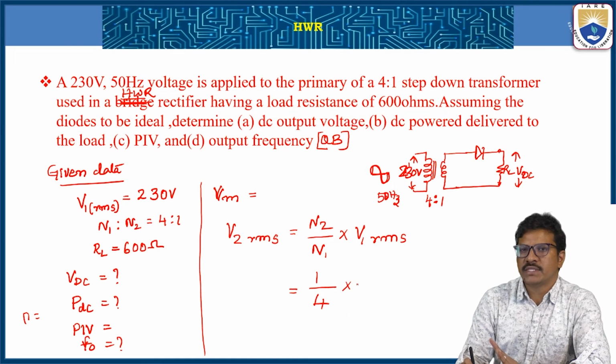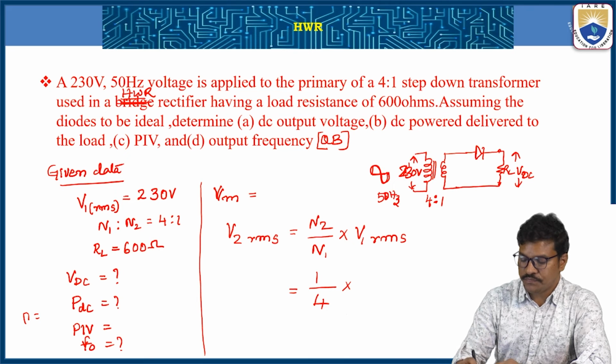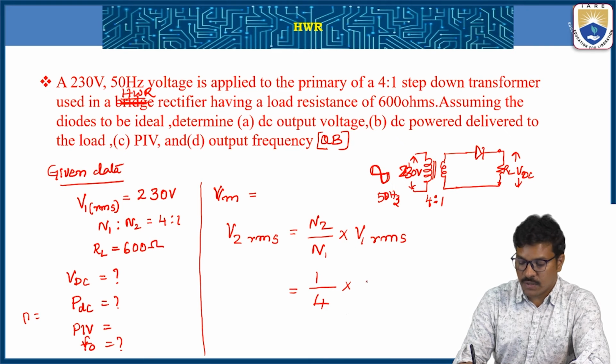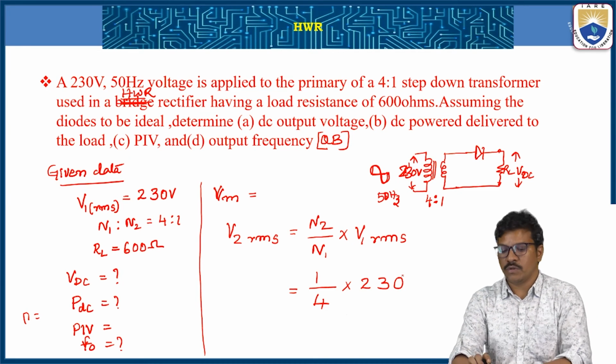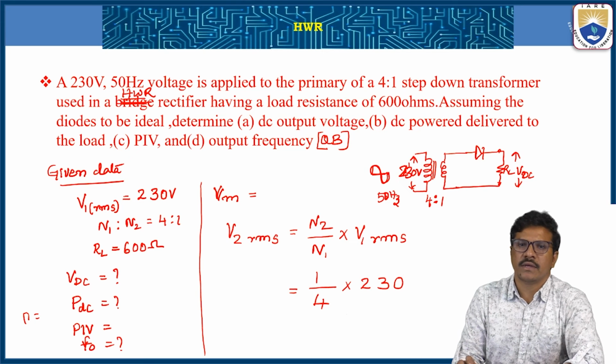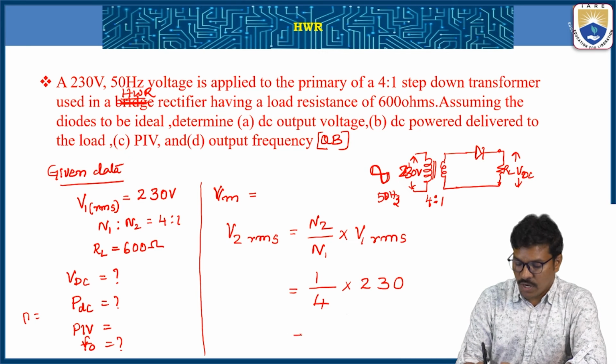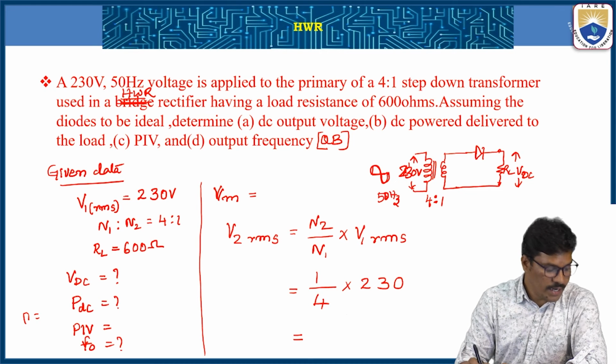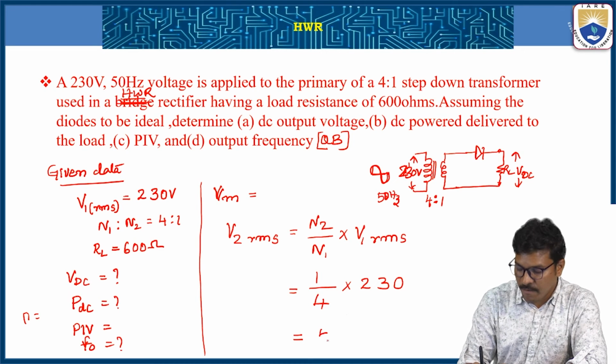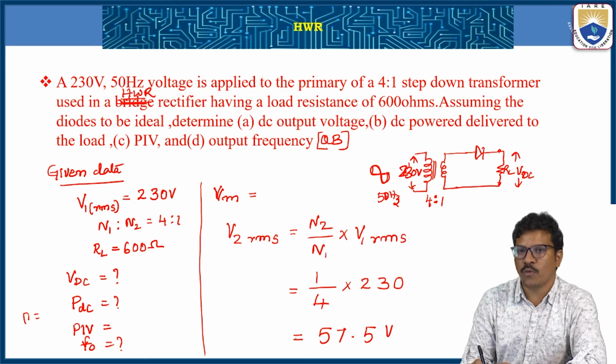V1 RMS is nothing but 230 volts. So here it is 1 by 4 into 230 volts. We'll get 57.5 volts. This is V2, the secondary coil voltage.